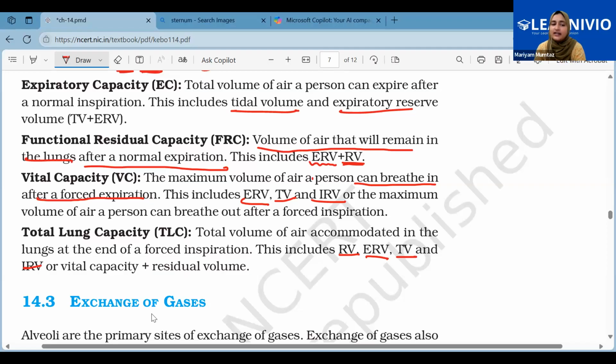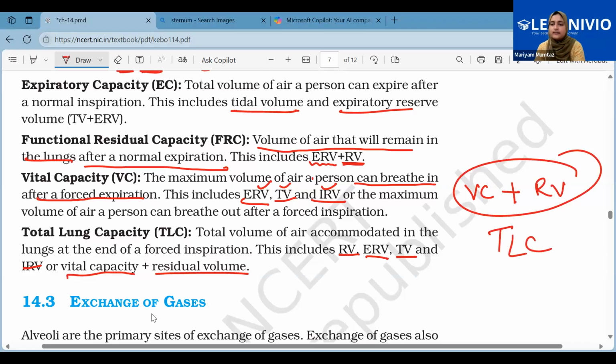Or you can call it the vital capacity plus residual volume, because ERV, TV, and IRV is vital capacity. So if you take the vital capacity and add it with the residual volume, you get the total lung capacity. They're playing combinations. So the capacities are clear? Yeah. Any doubts, Aisha? Clear? Yeah, ma'am.